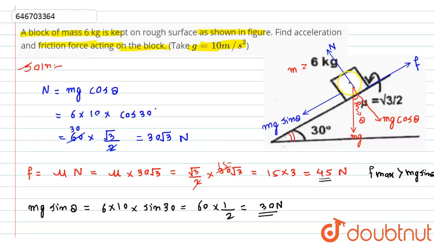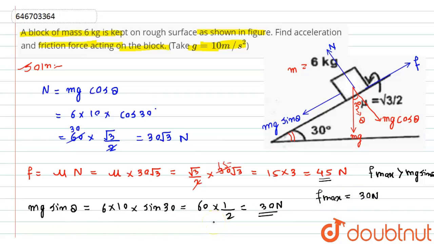So F max is greater than mg sin theta, which is 30 Newton.